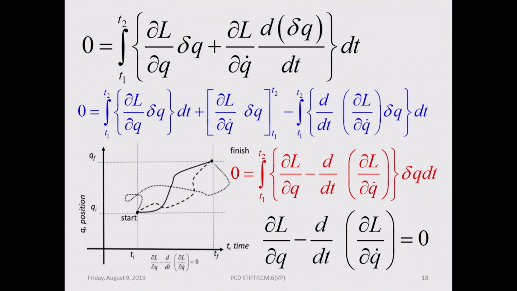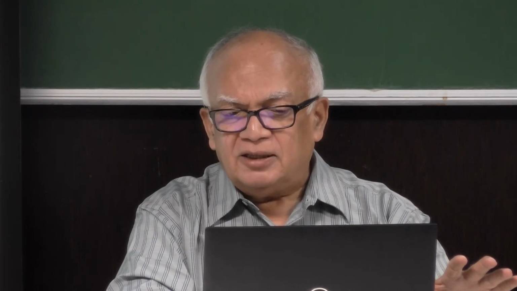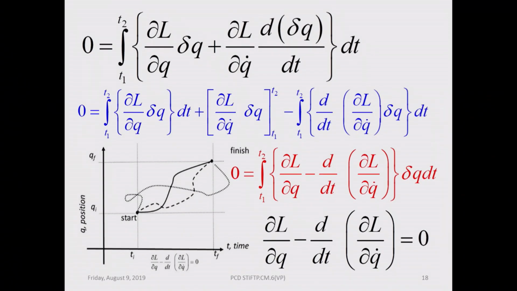So if you now put in L equal to T minus V, what is the kinetic energy? Kinetic energy is half m v squared. What is the potential energy? It is some function of position. Okay, so if you put this and go back to your Newtonian mechanics, what do you get by writing del L by del Q?